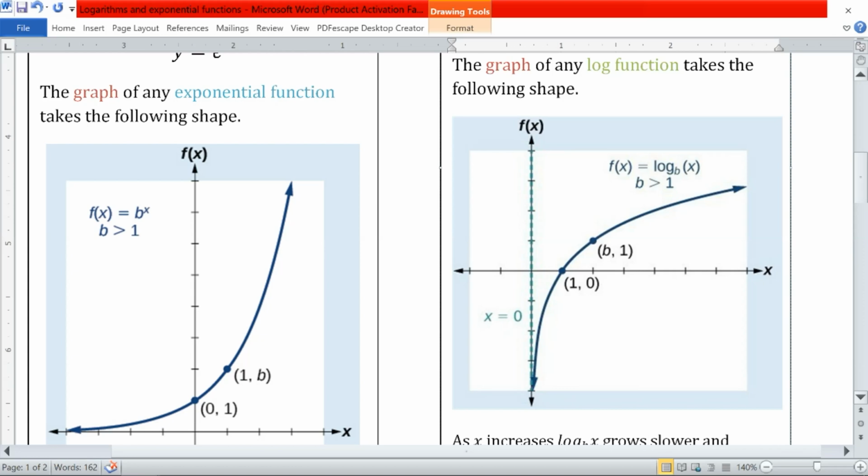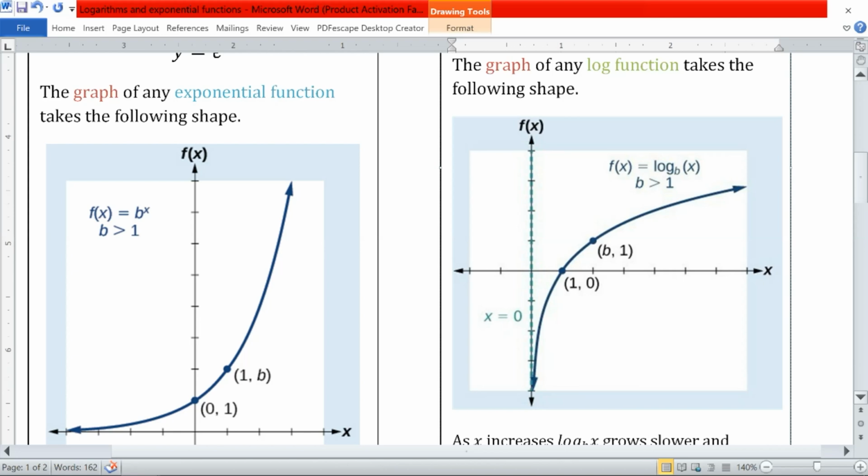Miss, in this one, that is f(x) equals log what, Miss? Log base b of x. You don't need the bracket. I mean, you can put the bracket if you want.